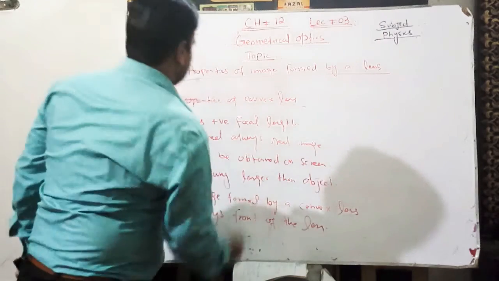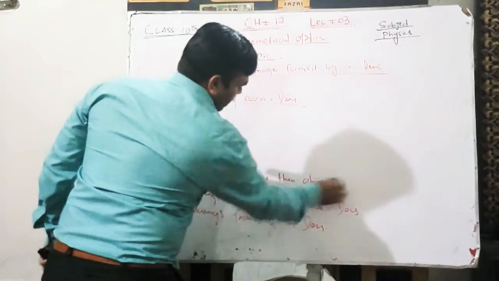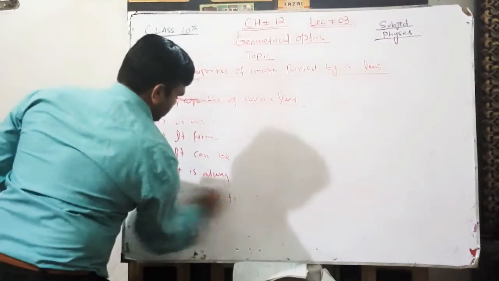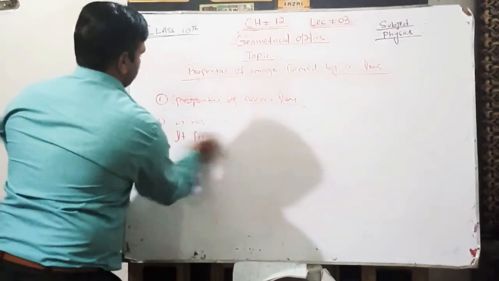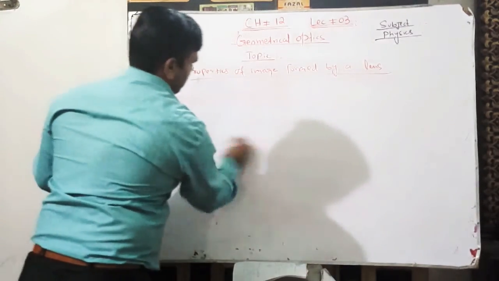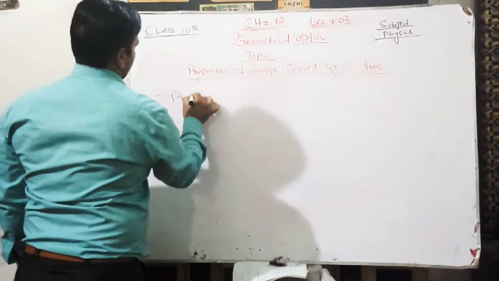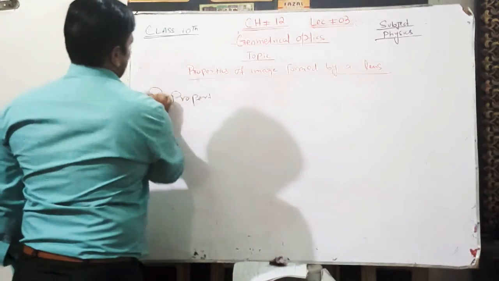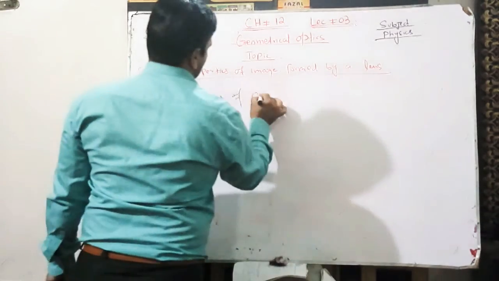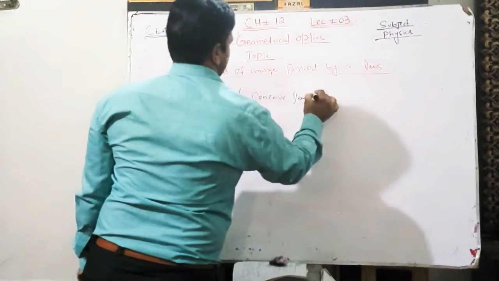Now we discuss the images formed by a concave lens, which is also called a diverging lens.